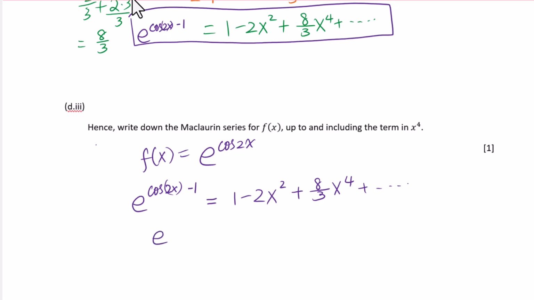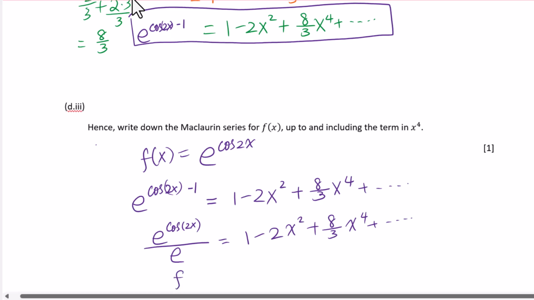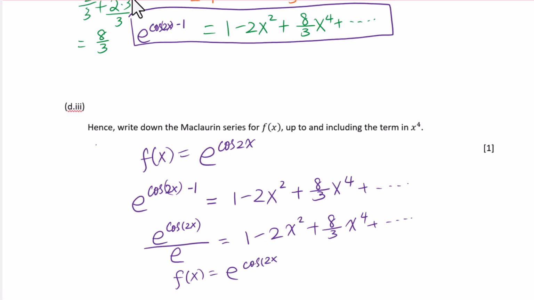Left side, we can write down e to the power of cosine 2x over e equals 1 minus 2x squared plus 8 over 3x to the fourth power, and so on. Therefore, f of x equals e to the power of cosine 2x, times e both sides, equals e minus 2ex squared plus 8 over 3ex to the fourth power, and so on.